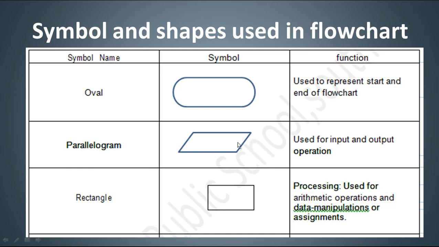After that, to enter a value, when the value is not given, for input and output, you use a parallelogram. For input and output operations, this parallelogram is used. Now to show computational work like storing a value in a variable, an assignment, an arithmetic calculation, or any kind of computational statement, you use a rectangle. Clear?